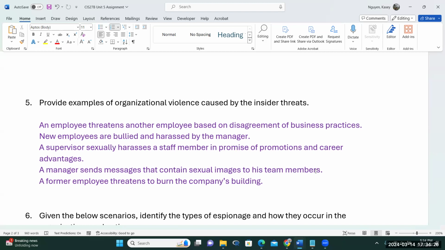You look at the Virginia Tech shooting, what happened? It was a student that got upset with the professor, right? And that's how it started.